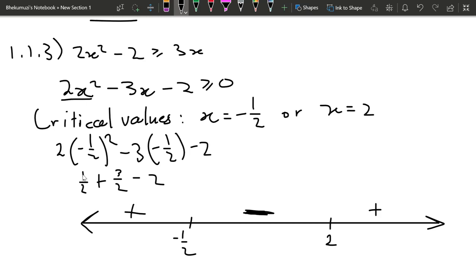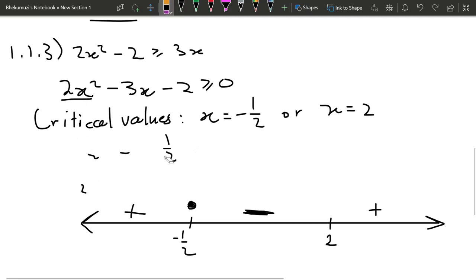But 1 over 2 and 3 over 2 would be 4 over 2, which is 2. So it's 2 minus 2, and so it's 0. So it does include negative 1 over 2. It's part of the solution, right?